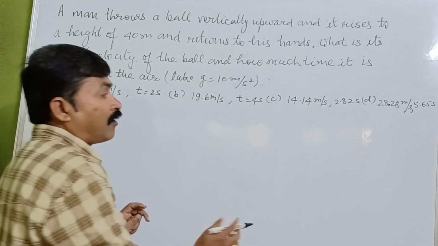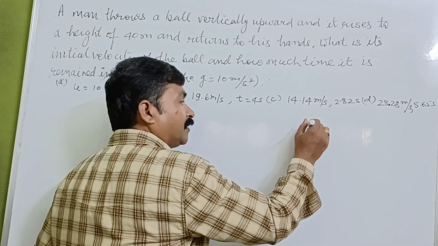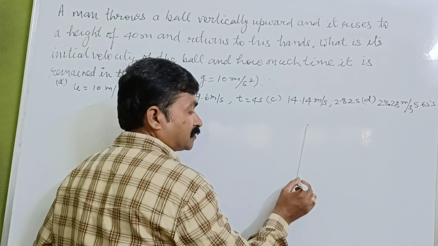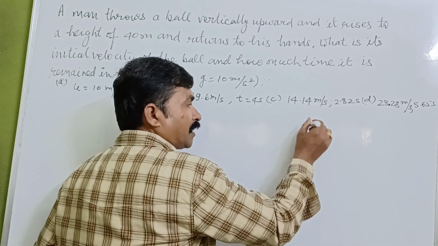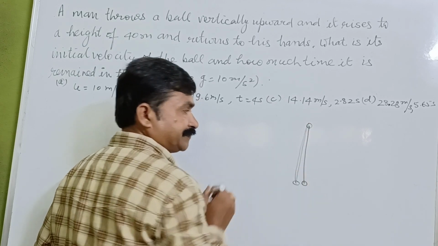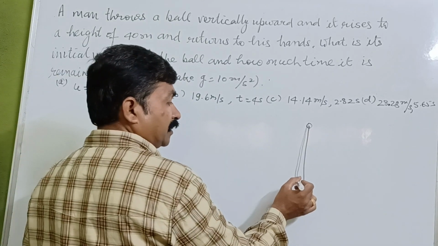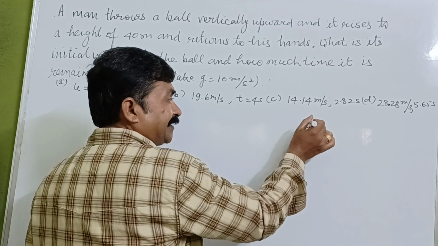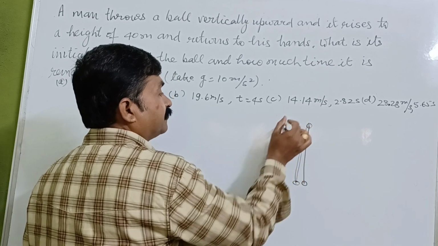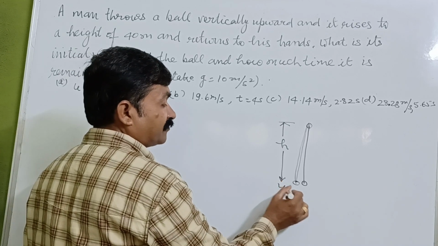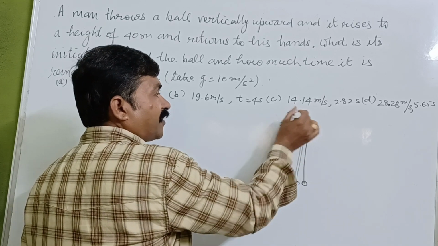Now the ball is thrown vertically upward from here, suppose to here, and it returns back again here. When it reaches some height, if we assume the height h, it started with some initial velocity, and here it has a final velocity.